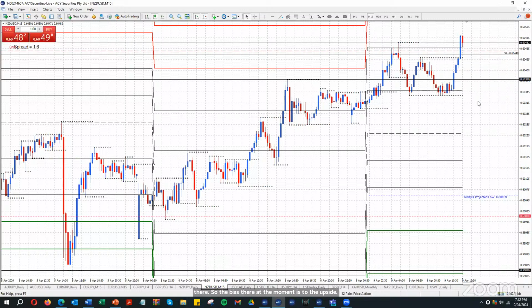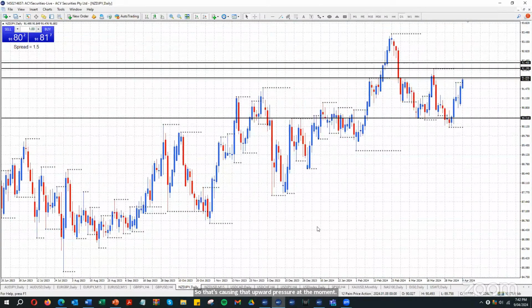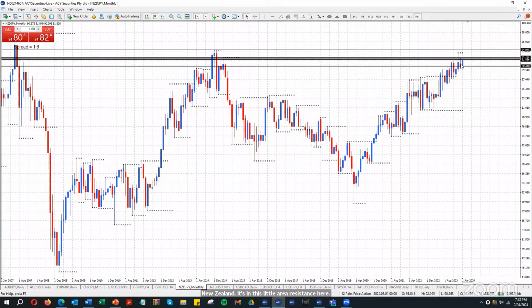I think as we lead into the interest rate decision, anybody that's short is getting out of their shorts. So that's causing that upward pressure at the moment. New Zealand yen, it's in this little area of resistance here. So last month was a negative month. We actually have just traded down this month as well. So we're coming back up inside the whole candle of last month.